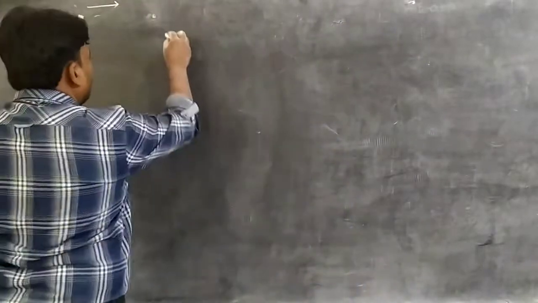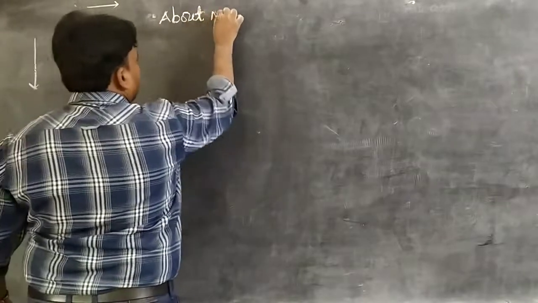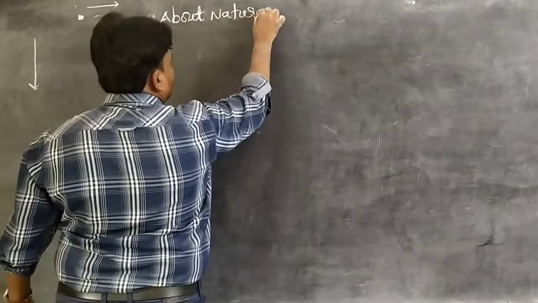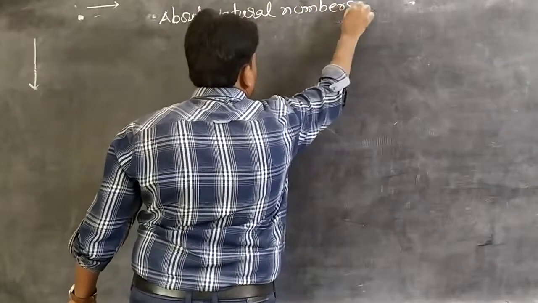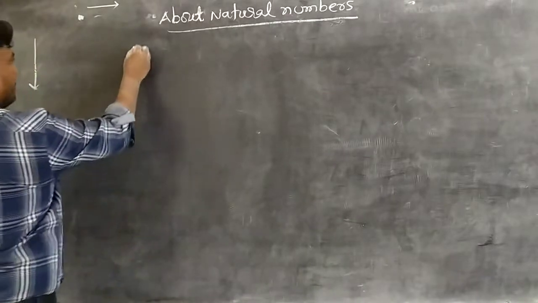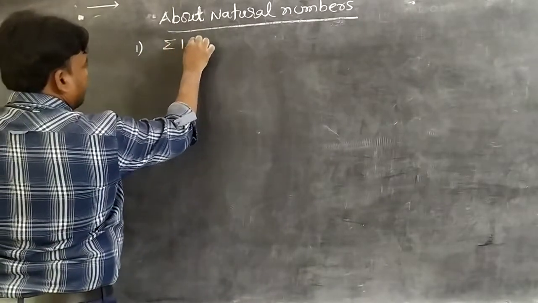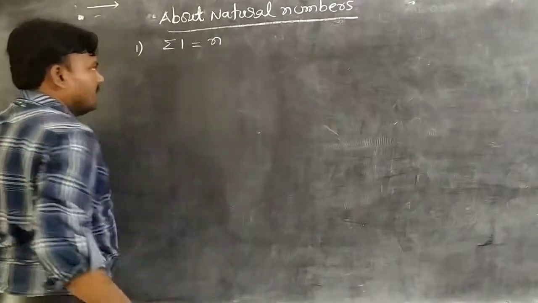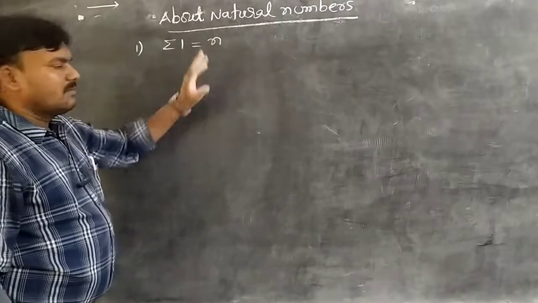About natural numbers. So, students, first one: sum of 1, n times, becomes n. Summation means 1 taken n times, 1 into n, nothing but n.